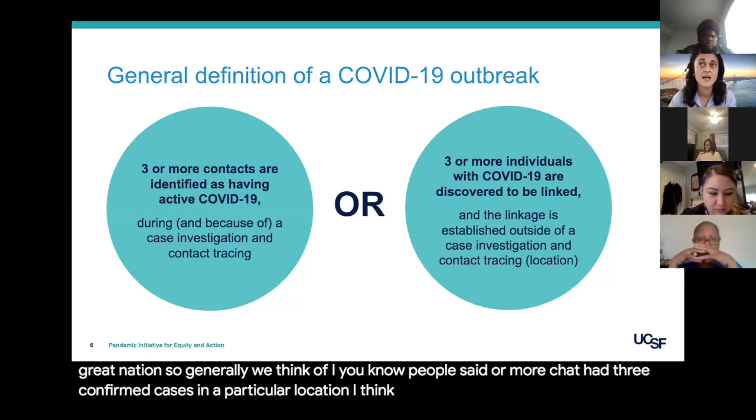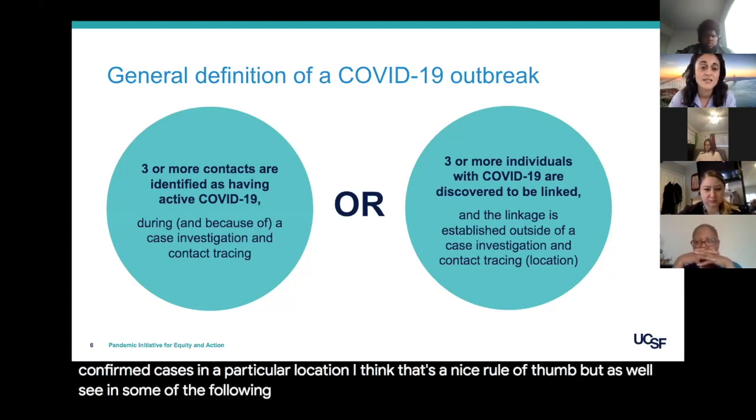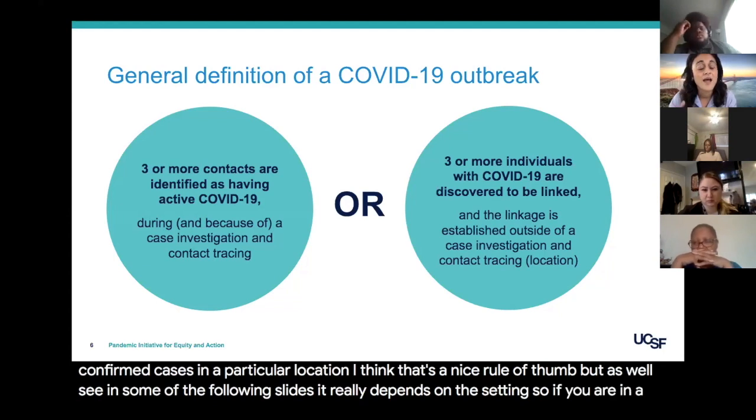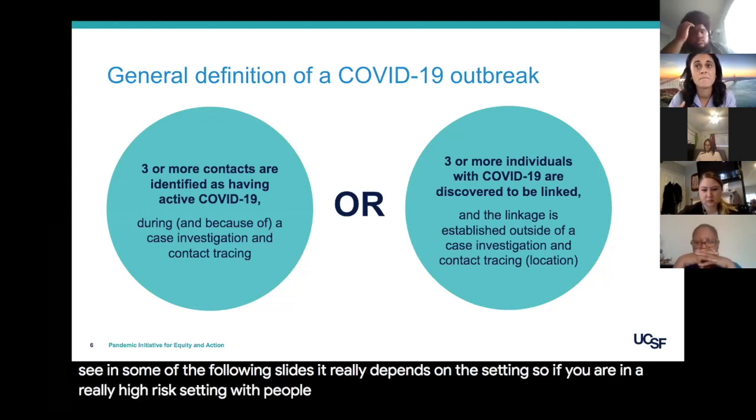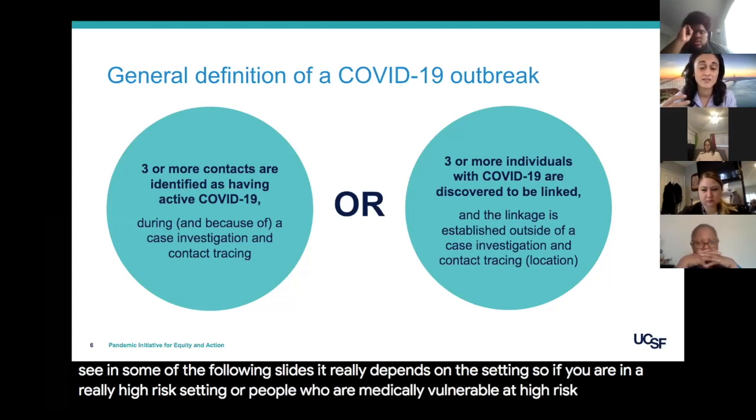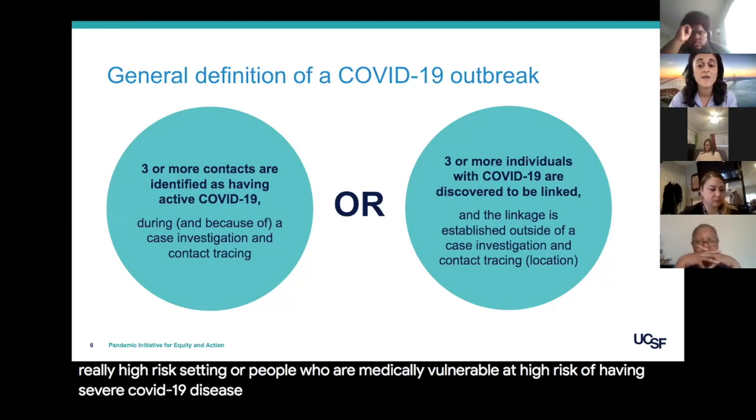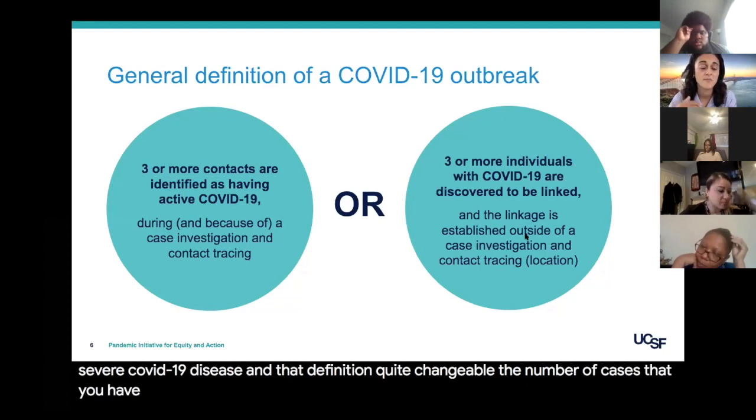I think that's a nice rule of thumb, but as we'll see in some of the follow-up slides, it really depends on the setting. So if you are in a really high-risk setting with people who are medically vulnerable at high risk of having severe COVID-19 disease, then that definition might change and the number of cases that you have to have might be lower. Okay, next slide.